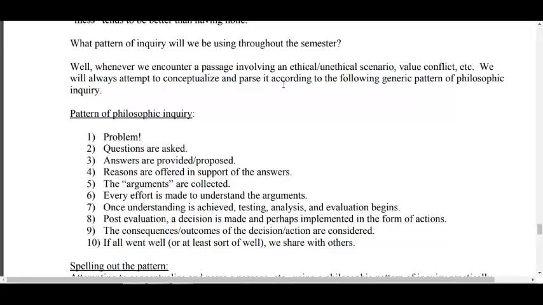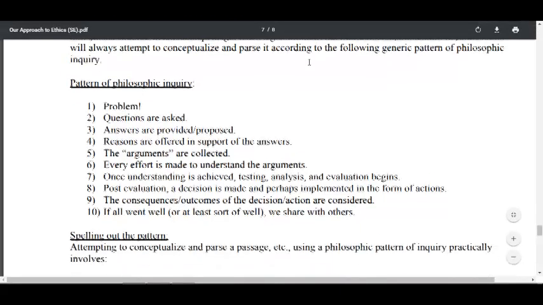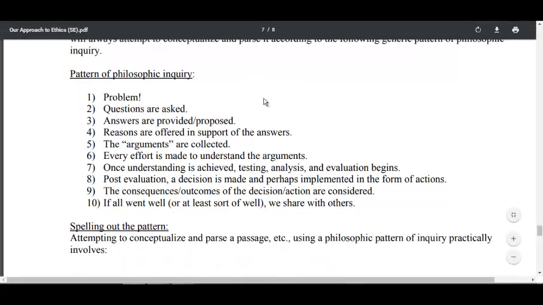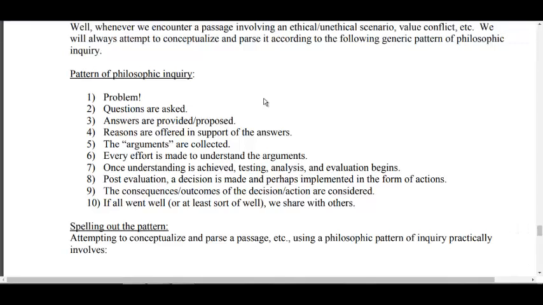And hopefully everyone in this class will come to appreciate this little pattern. In philosophy, the way we approach complex issues is there's always a problem, some unknown. In this class, what should we do about abortion? That's a problem. What values are involved? What potential value conflicts can arise?